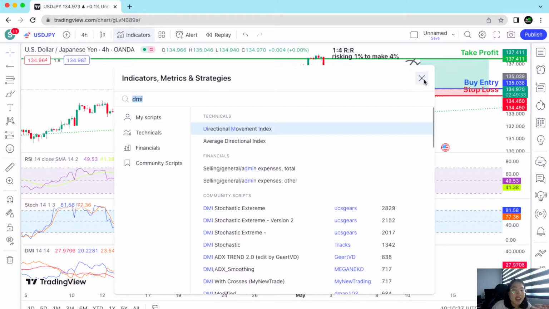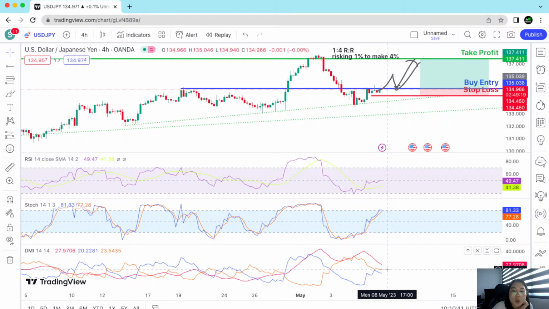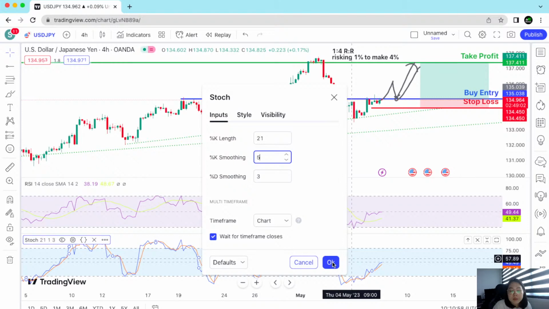DMI is showing it's a sell. But then again, DMI and Ichimoku are showing it's a sell. It's totally fine. Let's see what stochastics and RSI are saying.